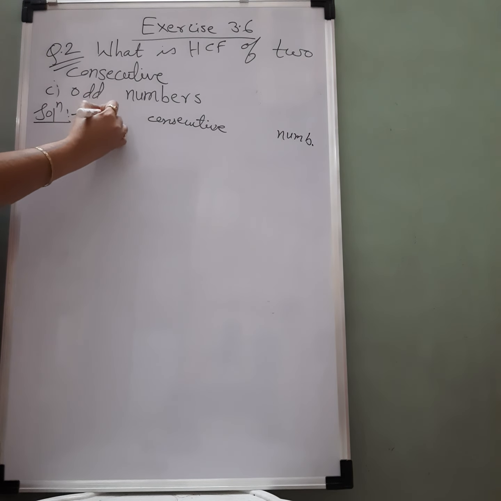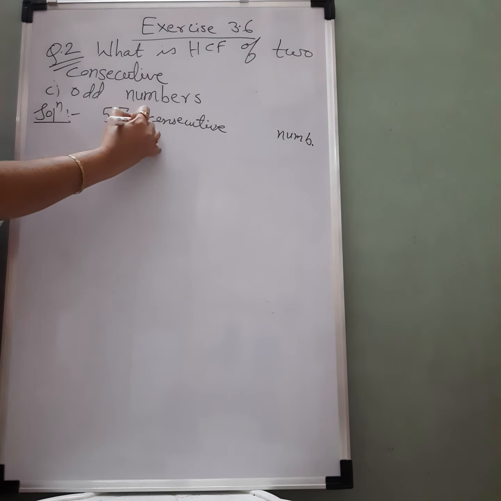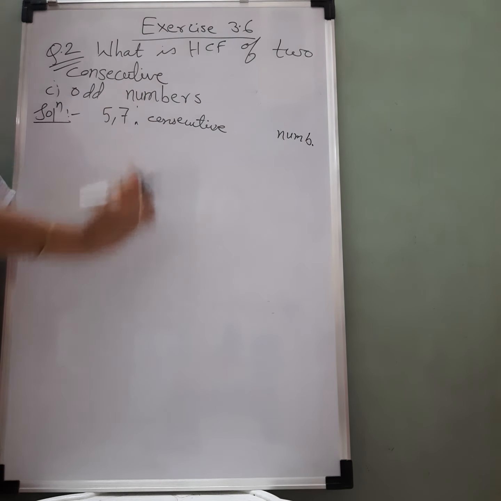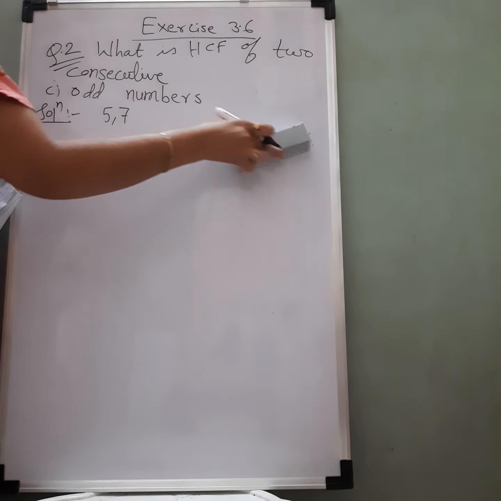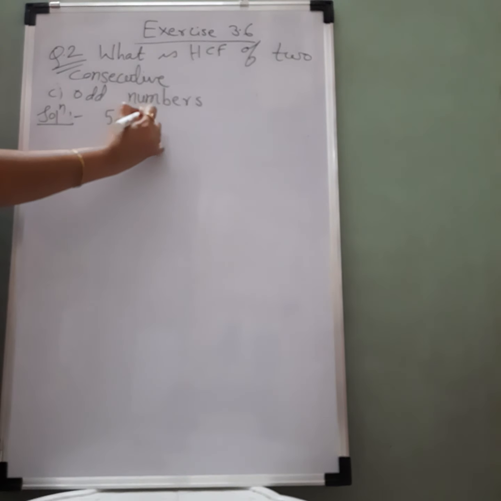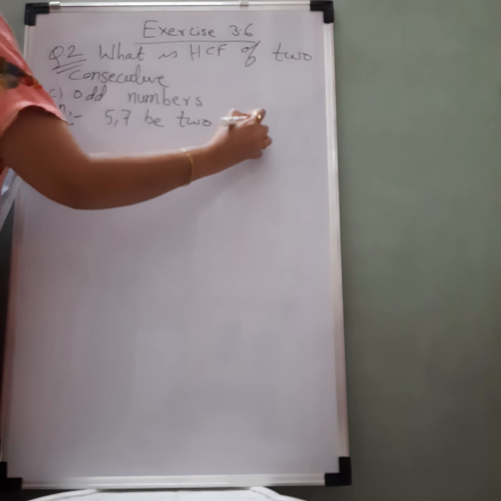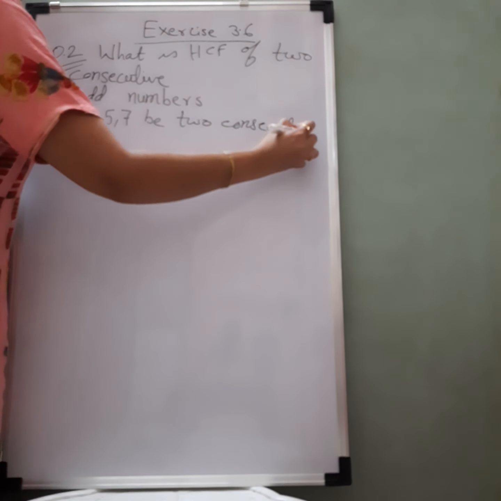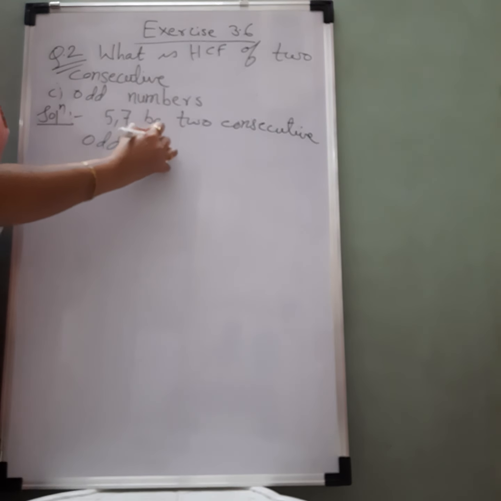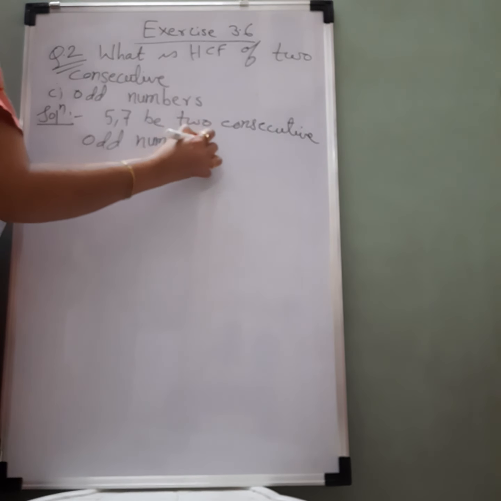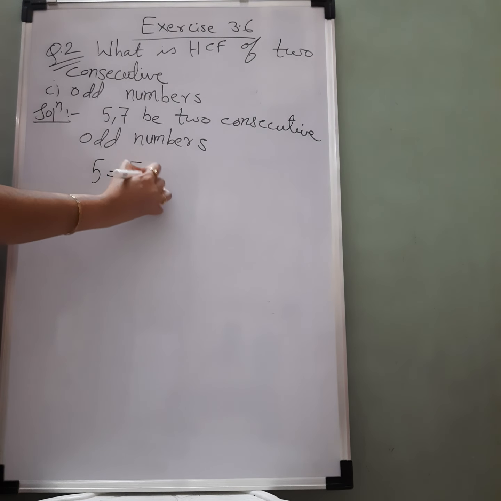So if I take 5 and 7 as two consecutive odd numbers, then what is the prime factorization of 5? That is 5 into 1.